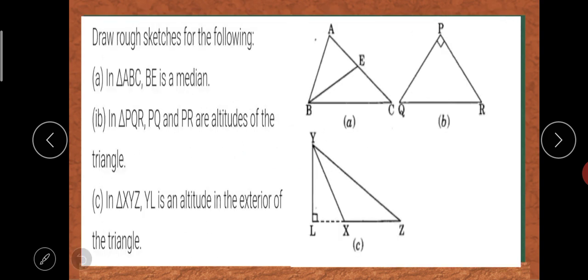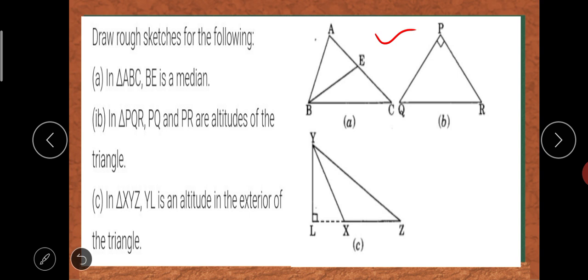Next question: draw a rough sketch for the following. First, in a triangle ABC, BE is a median. This is a rough figure I drew.